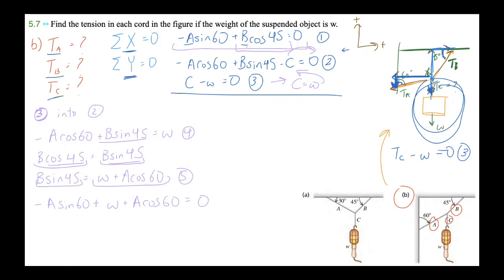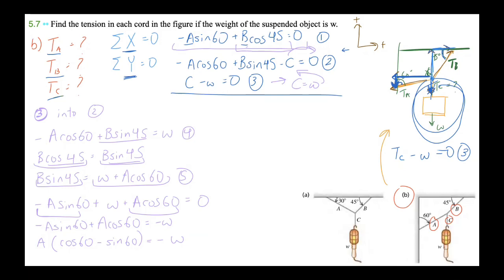Okay, so now what do we do? Now we know that we can isolate for A and solve in terms of W. So let's rewrite that. Minus A sine 60 plus A cos 60 is equal to minus W. And A times (cos 60 minus sine 60) is equal to minus W, right?